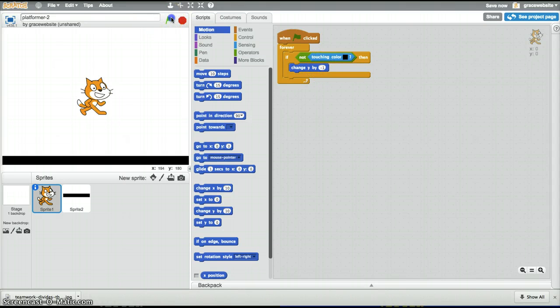It's going to keep on falling wherever it is until it touches the ground, and it's going to stop. And we can make the gravity faster.